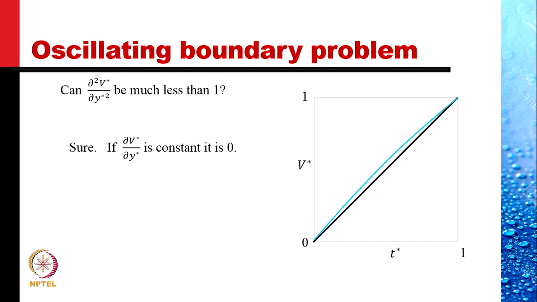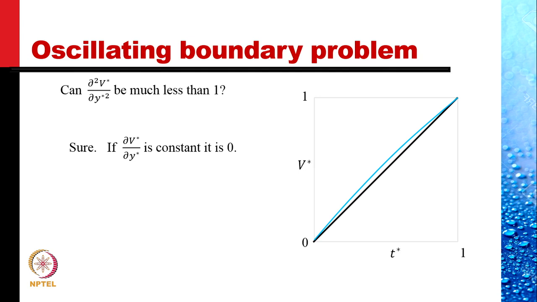It doesn't need to be a straight line. Even if the variation of V star by T star is given by a curve like the blue curve here, the second derivative del square V star by del Y star square would be much less than 1.